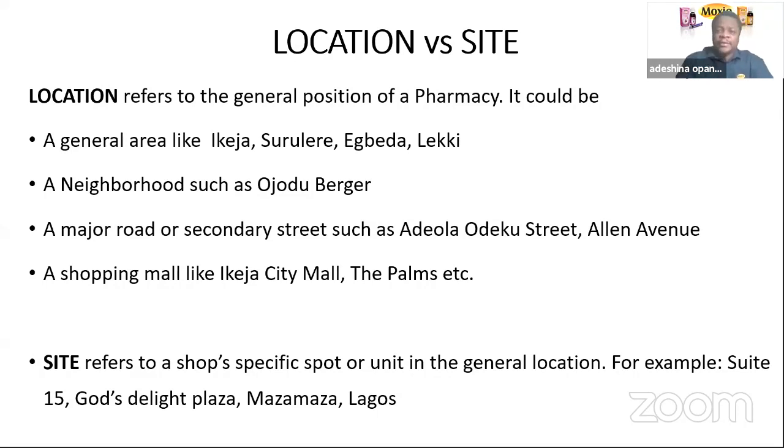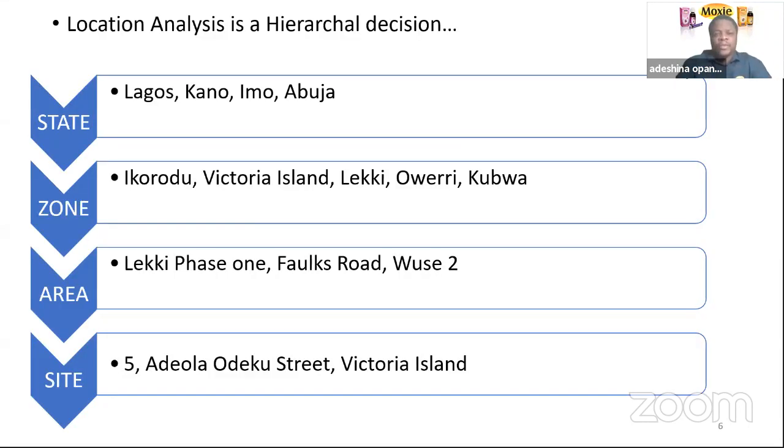You understand what I'm talking about now. So when you're talking about the site, you're talking about the exact place where the store will be. So I guess when PCN and PIC and the rest of them go around for inspections, it is more of a site inspection they are going for, not necessarily a location inspection. It's a site. They're looking at a specific site.